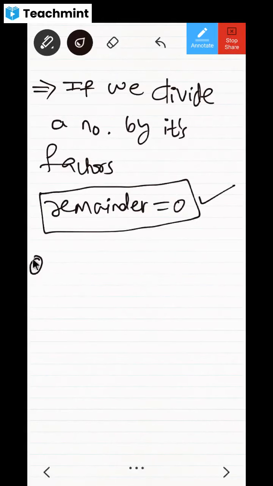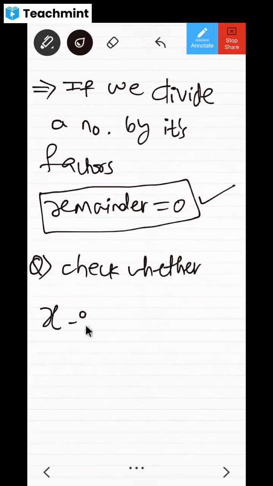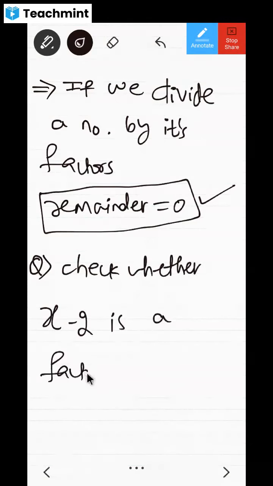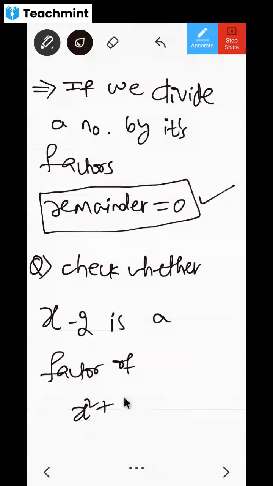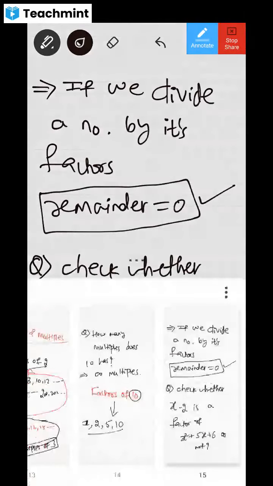Now if the question is asked like this: check whether x minus 2 is a factor of x square plus 5x plus 6 or not. If the question is like that, you have to check.